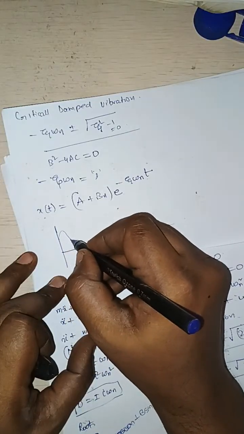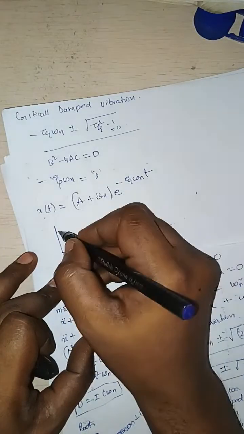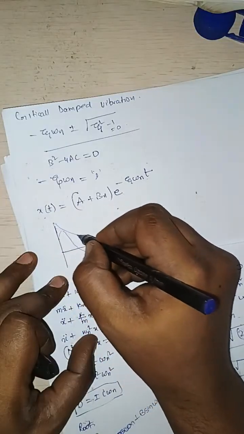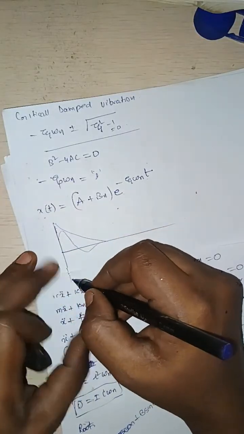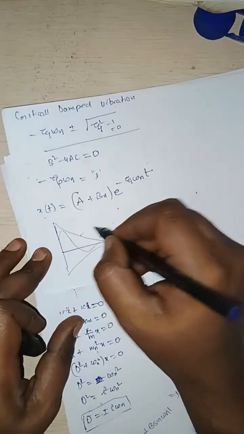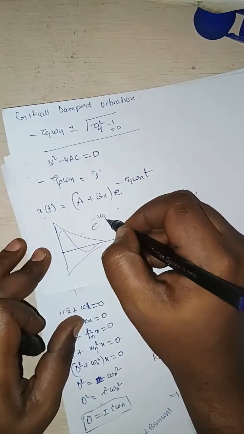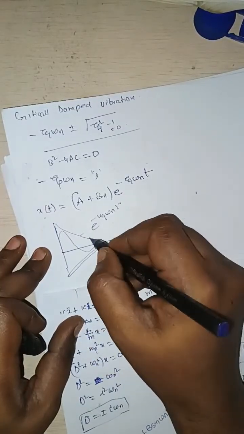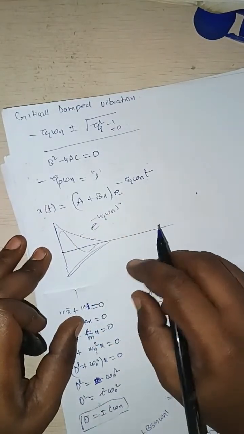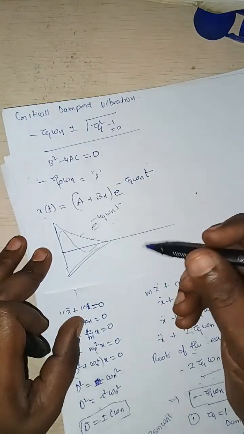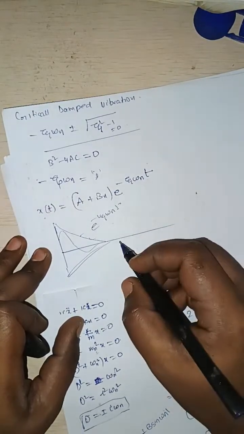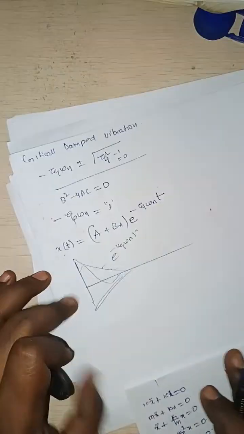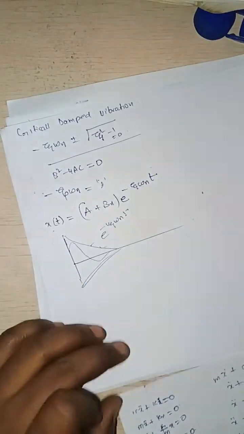We give a disturbance, that's it, and the oscillations will die. This is the e power minus zeta omega n t curve. There won't be any oscillations because it is critically damped.